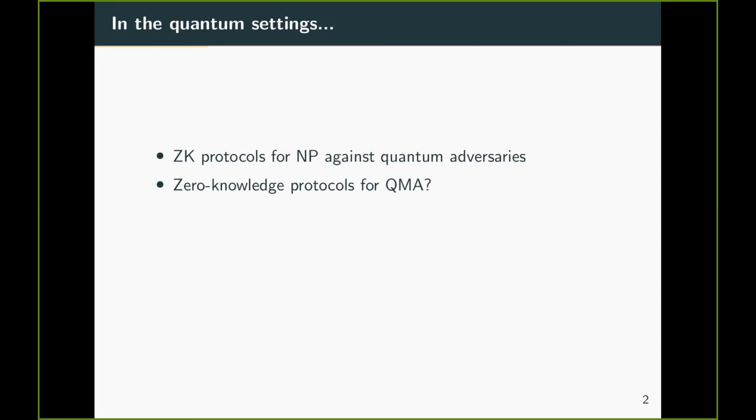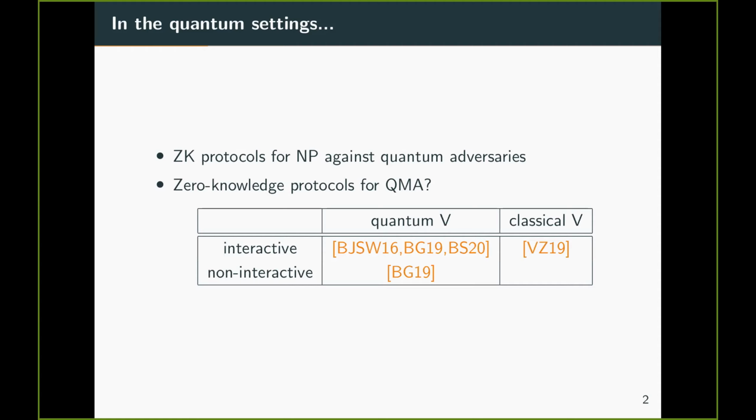So to extend the problem to the quantum setting, Omri just told us about zero-knowledge protocol for NP against quantum adversaries. In this part, I'm going to talk about a different setting: where can we construct zero-knowledge protocols for quantum classes such as QMA, which is a quantum analog of NP. Depending on whether the protocol is non-interactive or not, and whether the prover is required to process quantum information, there are different results.